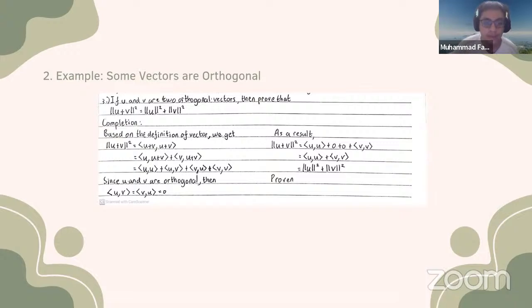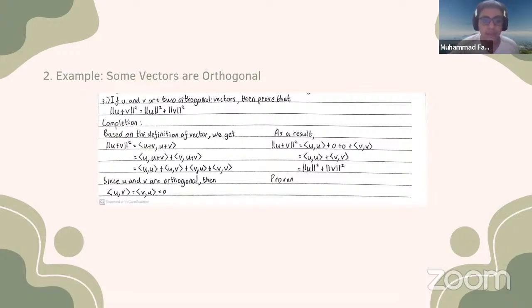The answer is, based on the definition of norm of a vector, we get norm U plus V to the power of 2 equals the inner product of U plus V and U plus V. And then we have the inner product of U and U plus V plus the inner product of V and U plus V. So we have the inner product of U and U plus the inner product of U and V plus the inner product of V and U plus the inner product of V and V.